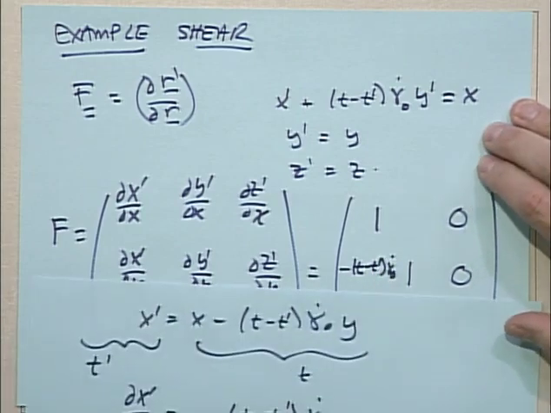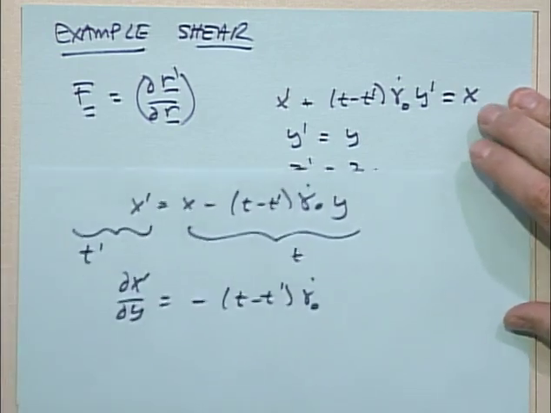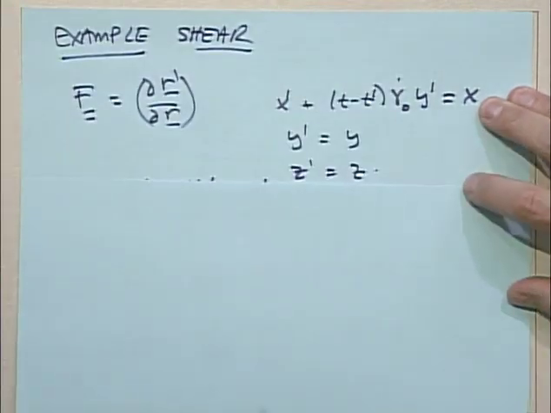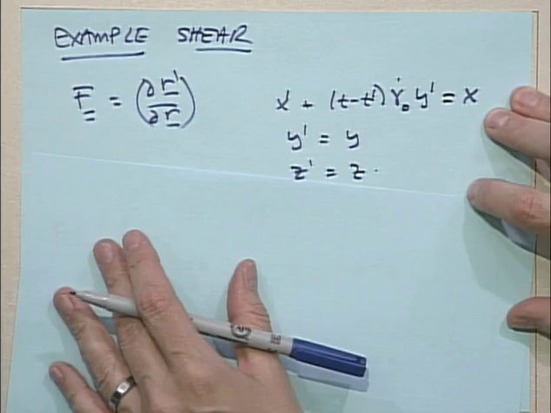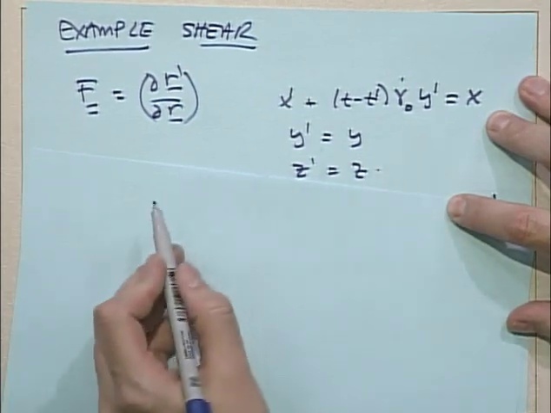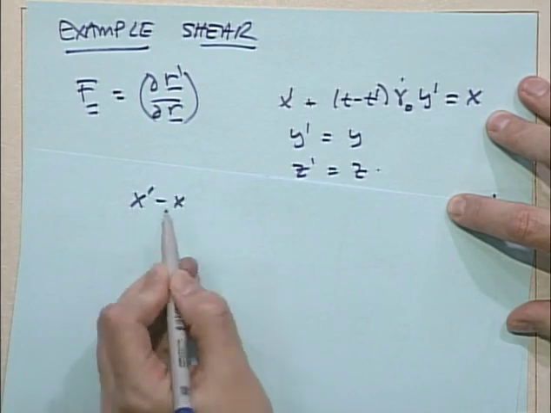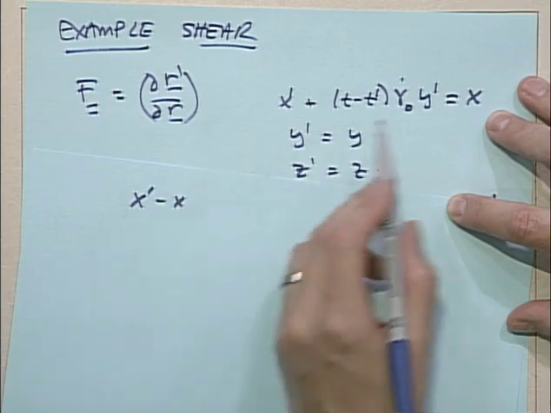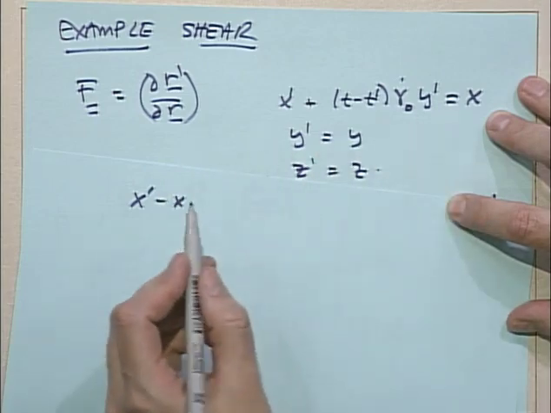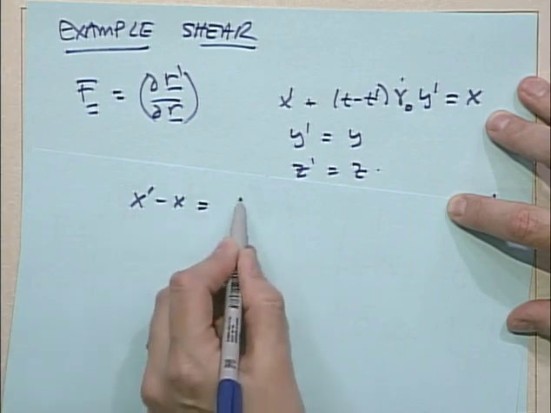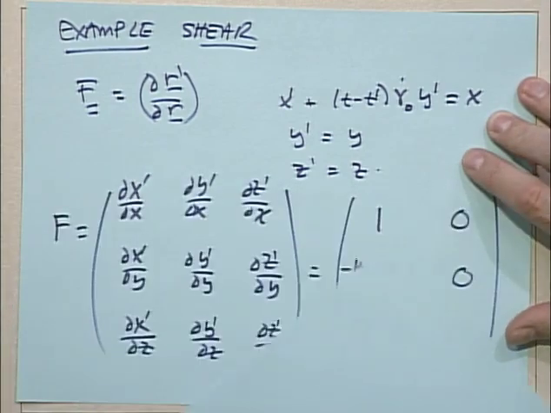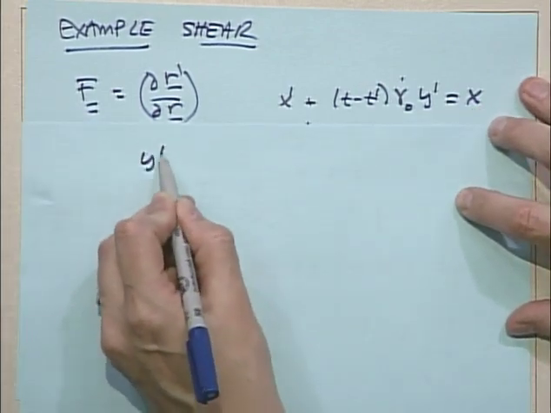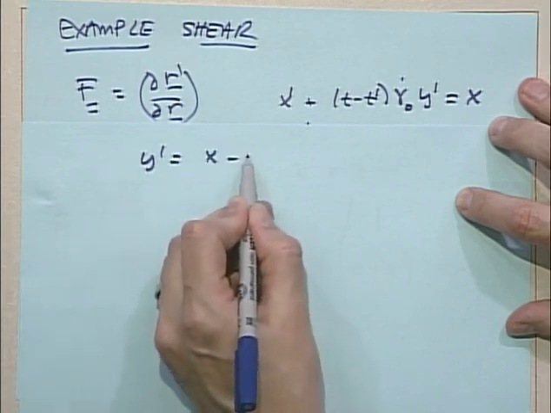And likewise, y prime as a function of x. If I solve for y prime, again only in terms of things at time t, I get x prime minus x. Wait, let's see, what do I want to do here?